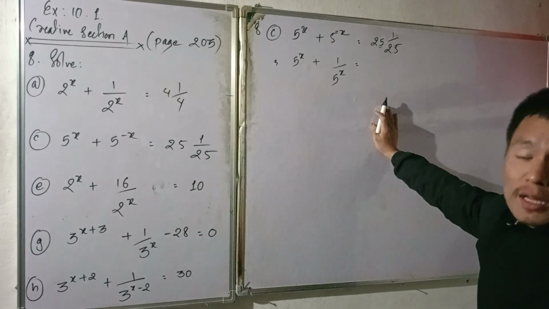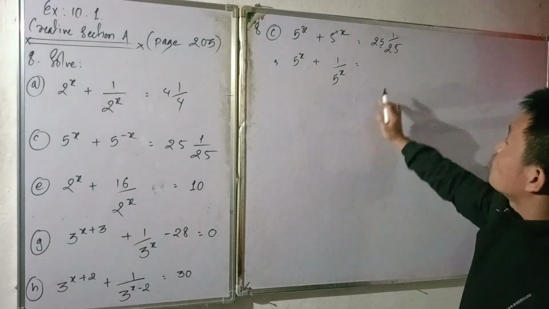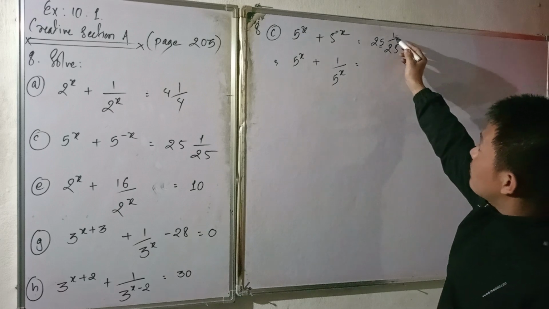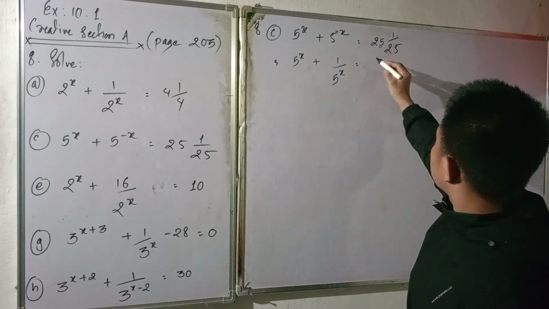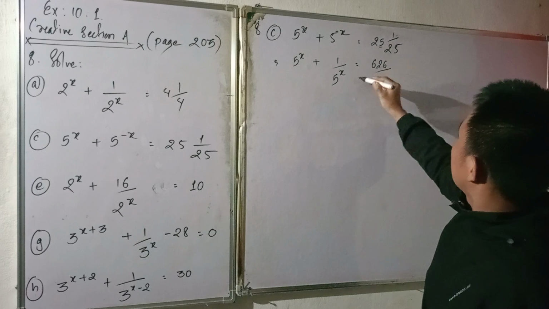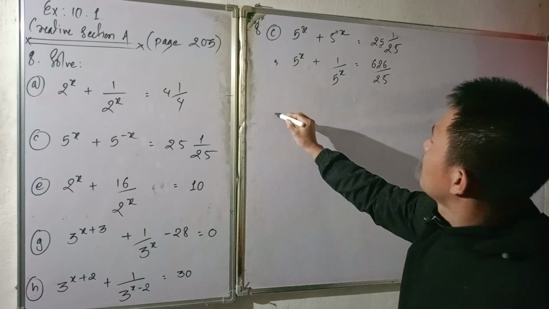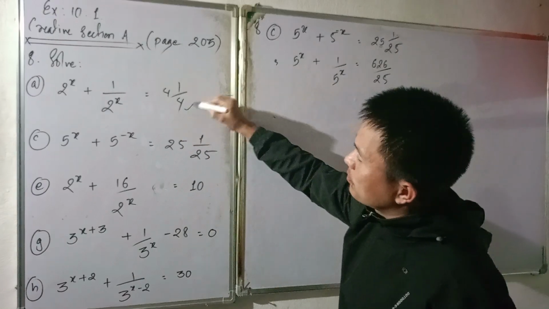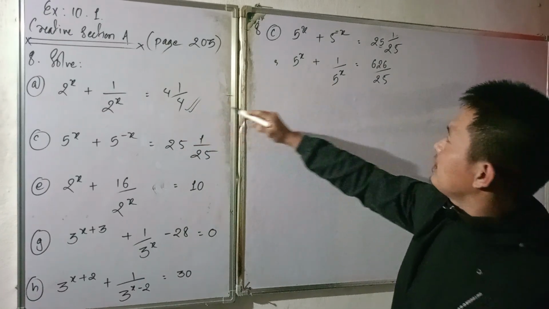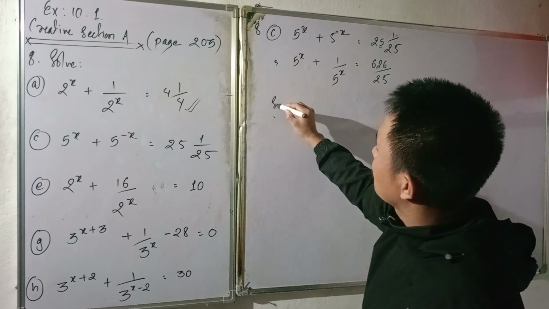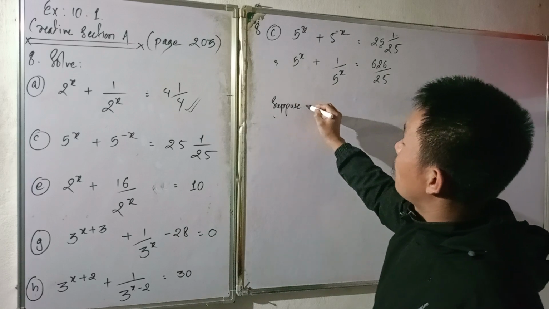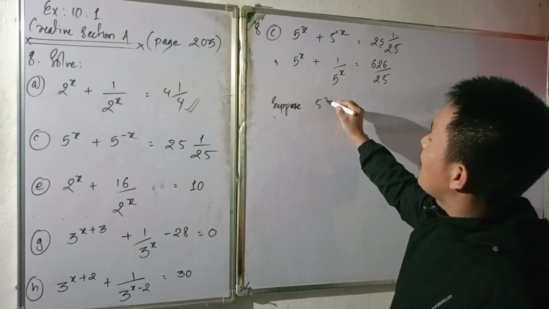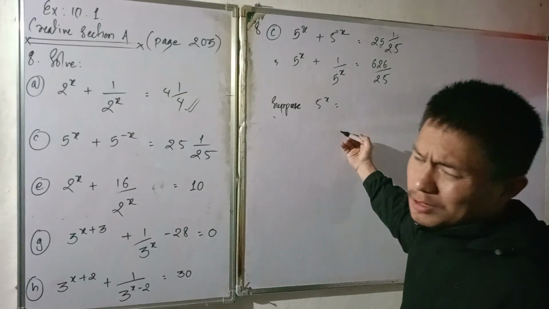Now this one can be converted into an improper fraction. 25 times 25 is 625, and then 625 plus 1, 626 divided by 25. Now the equation has become just like this. Now you have to suppose this 5 power x to be some variable, a, b, c, whatever you like.